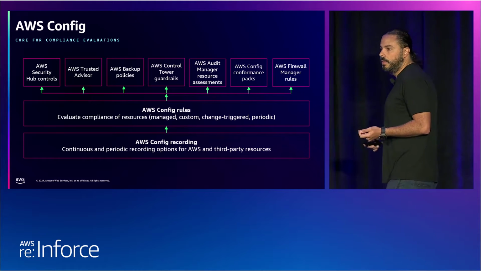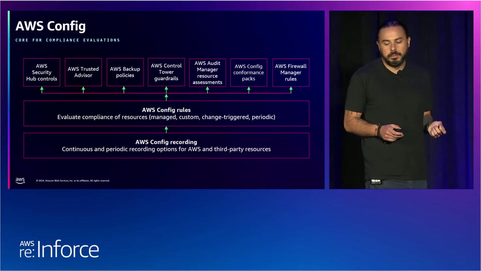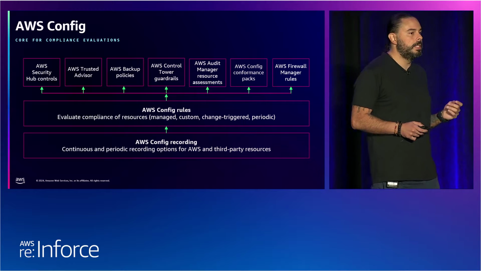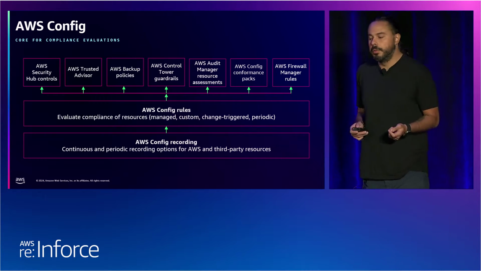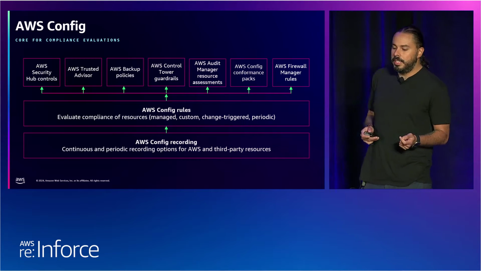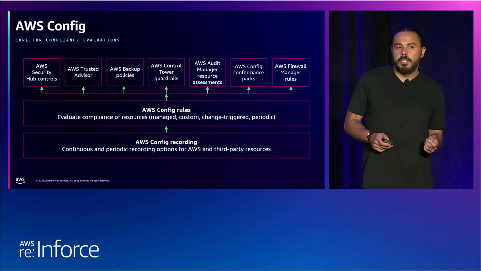This helps keep track of those AWS environments on a per-region basis. When you create those config recorders, you have the option to run continuous recording or periodic recording, which is basically tracking changes every 24 hours, on a daily basis. And these are the options that you can configure for those recordings.